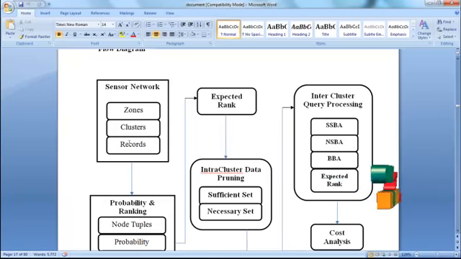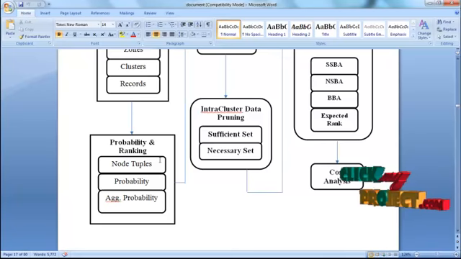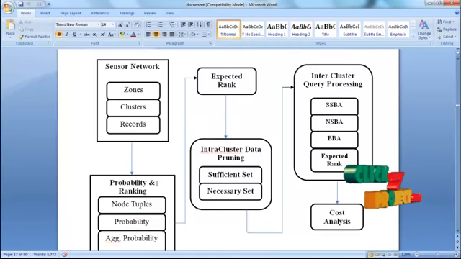After that, we have to find the probability and the ranking of every wireless network node which is present in our devices. Here we have to find the node tuples, then calculate the probability. After the probability, we have to find the ranking, which is based on our aggregated probability value.